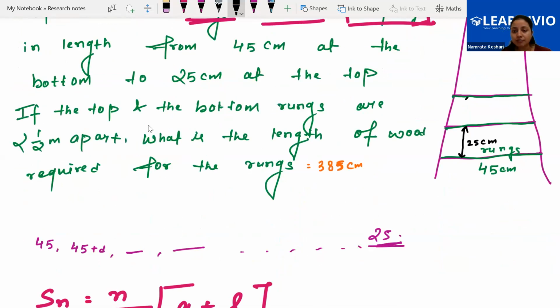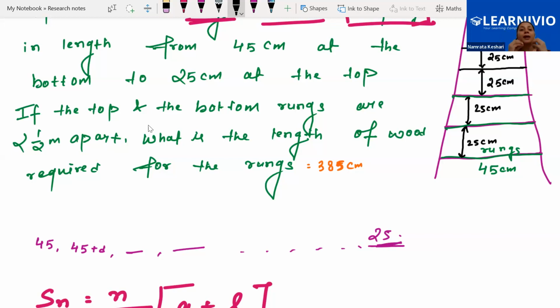Again, the distance between these two is 25 centimeter. If I draw one more and one more, we don't know the length of the rungs, but we know the distance between the previous one and this one is 25 centimeter. Now don't get confused. We are talking about the distance between the rungs.